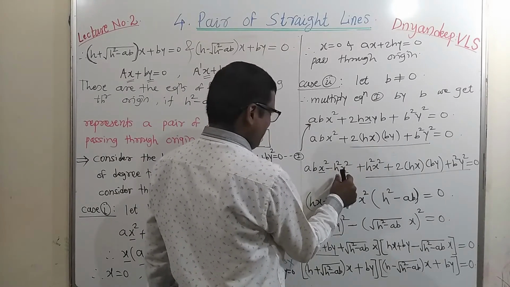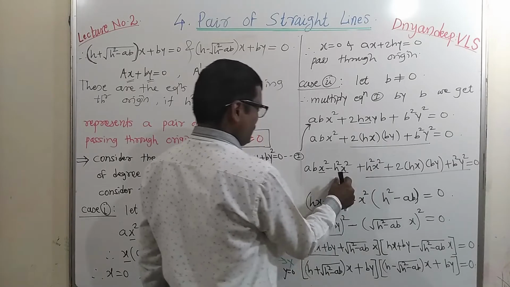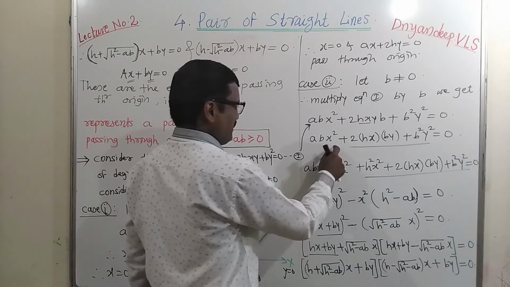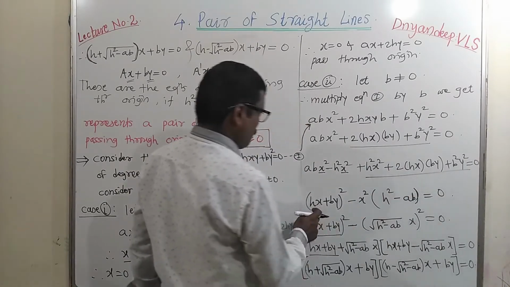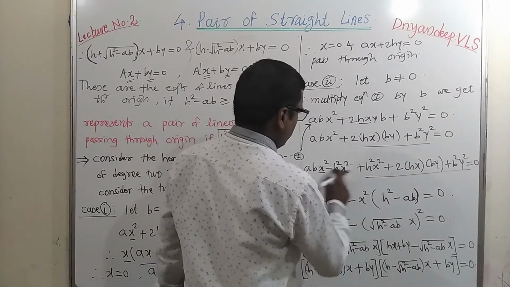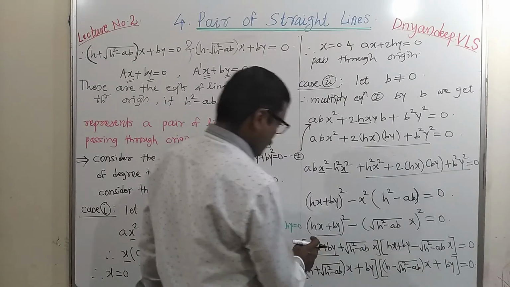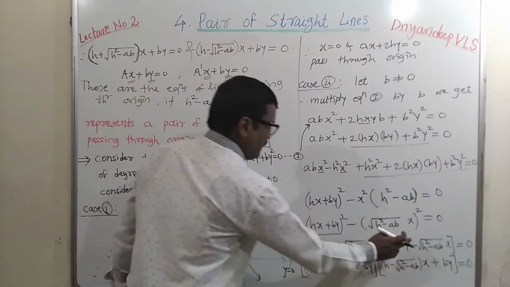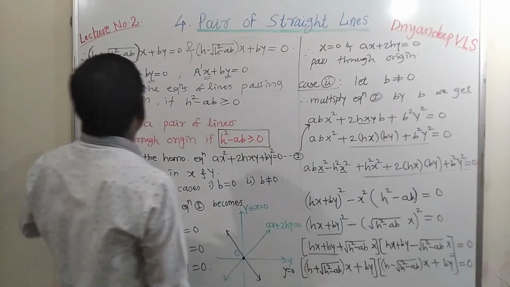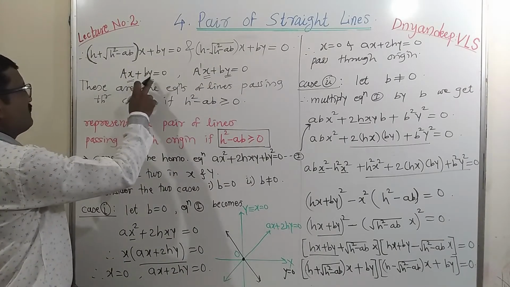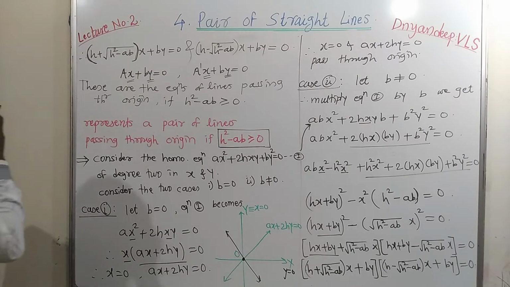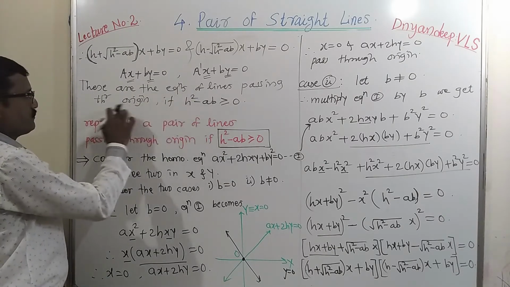So add h square x square and subtract h square x square to the left, so that we get a complete square. Write the remaining term in the form of a complete square. You use the formula a plus b, a minus b, and you will get the two equations of lines in the form of x term and y term; the constant is absent. So these are the equations of lines passing through the origin.